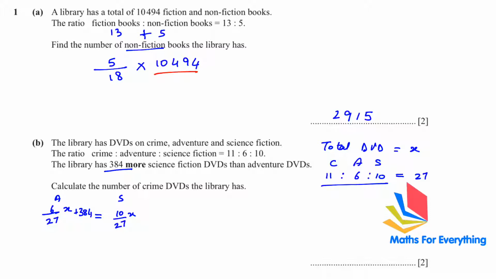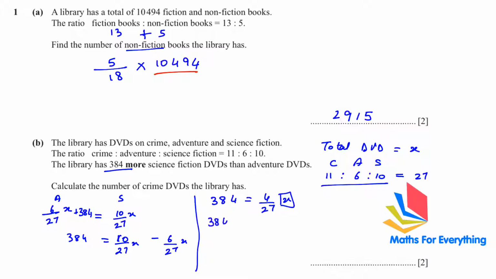So we bring the 6/27x to the other side, and you will get 384 is equal to 4/27x. We are trying to find the total number of DVDs first.